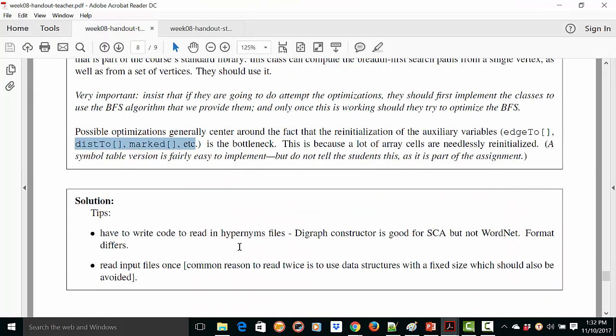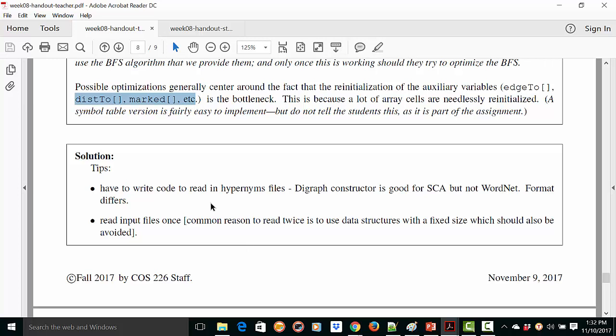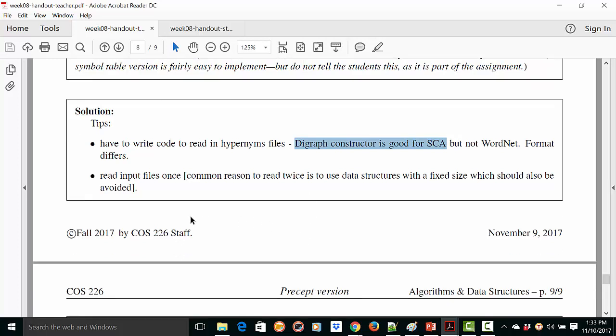There are a few other things that are important. When you read the hypernyms file, you have two files, the synsets file and the hypernyms file. The hypernyms file is the one used to build the digraph. Consider the digraph, not the WordNet. They have different formats. You want to read the input files once.